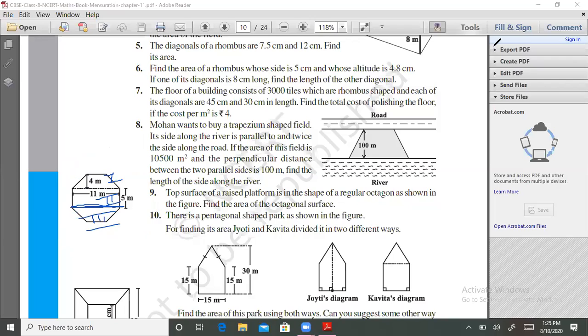We don't know the formula of an octagon, how to find the area of an octagon, so we'll divide the figure into other quadrilaterals to find the area. We know the area of a trapezium and a rectangle, so we can easily find the area of the octagon then. So let's see what figure is given here.